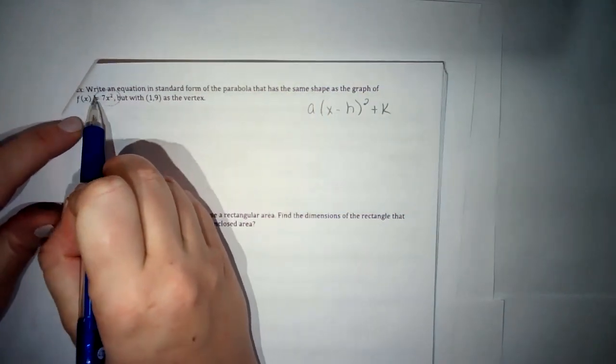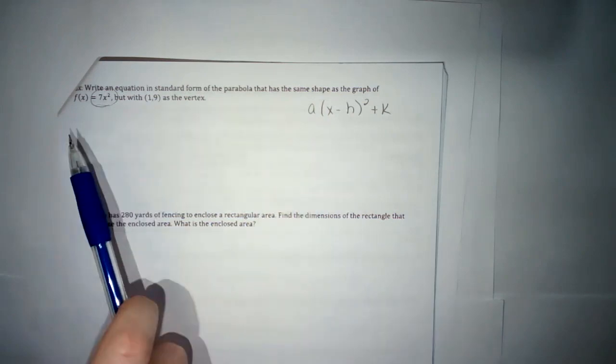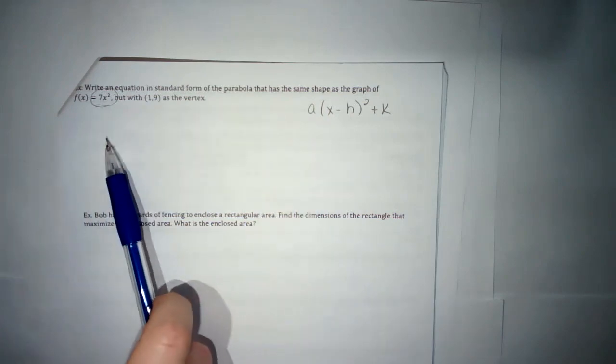Okay. And it says the parabola has the same shape as the graph of 7x squared. Now we'll stop right there for a minute. What does that mean? What information does that give us if it tells us it has the same shape as that? It's a parabola. And if it has the same shape, it's either going to open up or down, just like this guy.